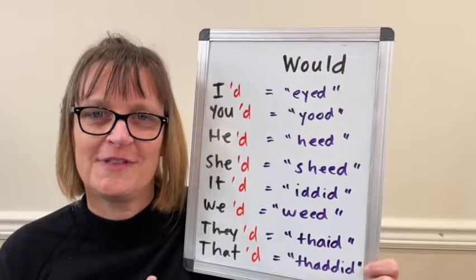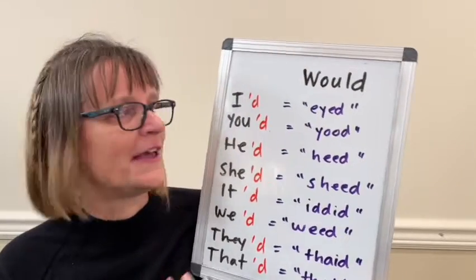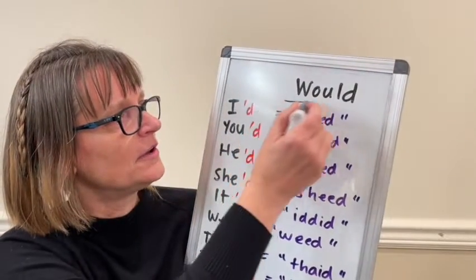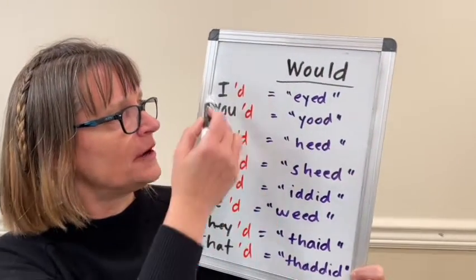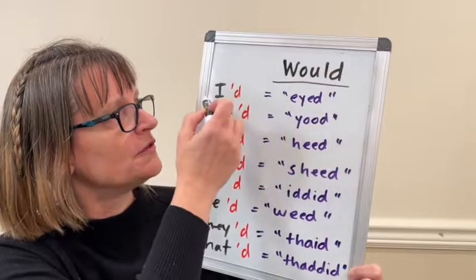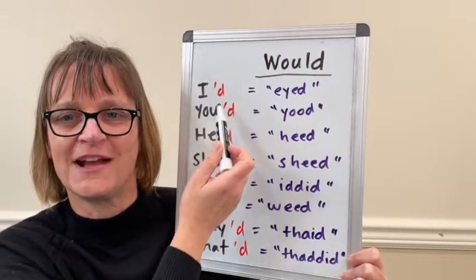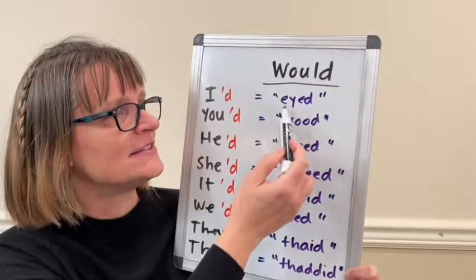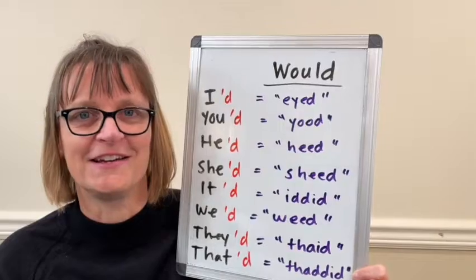So in order to do that, let's look at how we pronounce these words so that you feel comfortable using them. The chart that we'll be looking at today goes down from the words. So if you think about I would, that's contracted as I'd, and it sounds the same as eyed, as in she eyed the cookies.